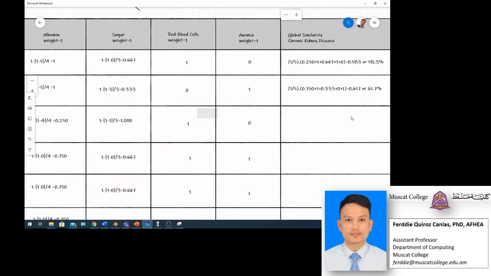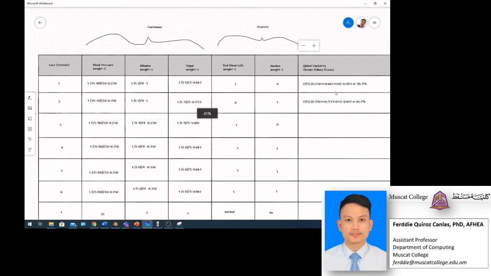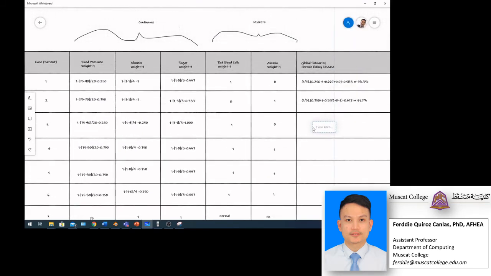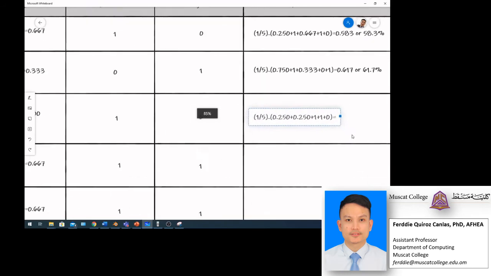Next, we could go with the next one. This is 1 divided by 5 multiplied by 0.250, sorry for this, plus 0.250 again, plus 1 plus 1 plus 0 close parenthesis equals, how much is this?